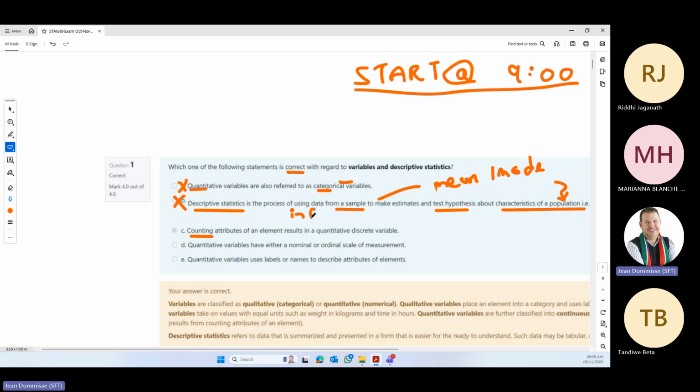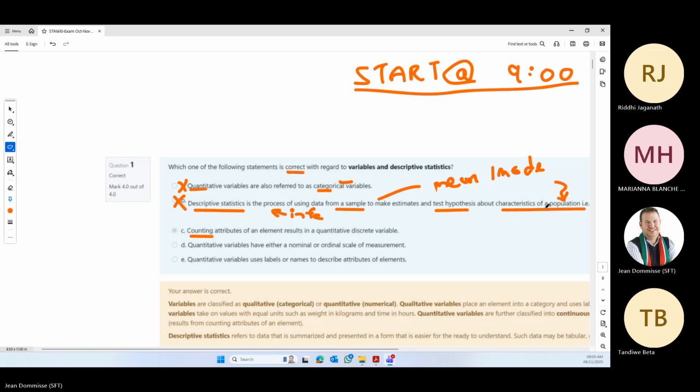You're making inferences about a population. So what we looked at here is actually the inference. Sorry, thank you for that one. I was so fixated on looking for where they are talking about samples and populations.